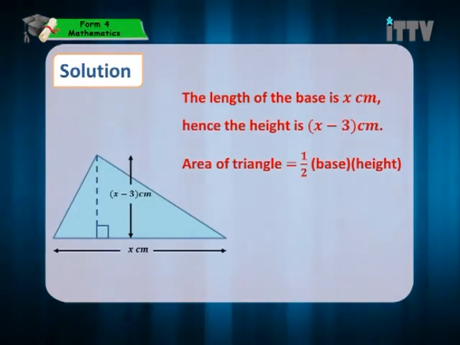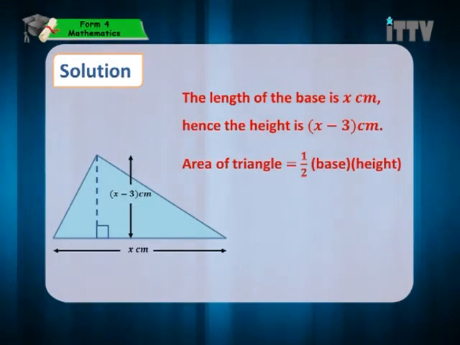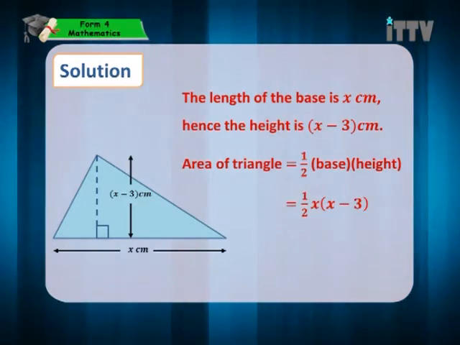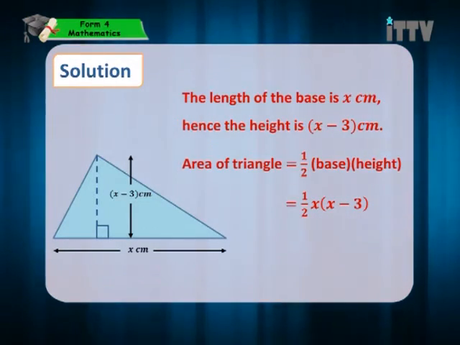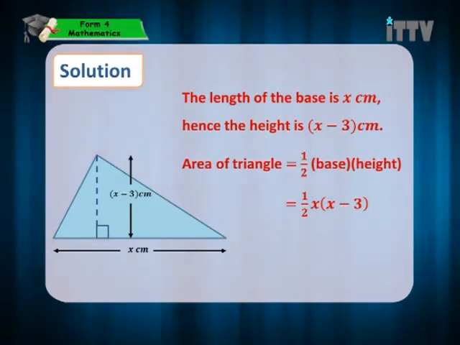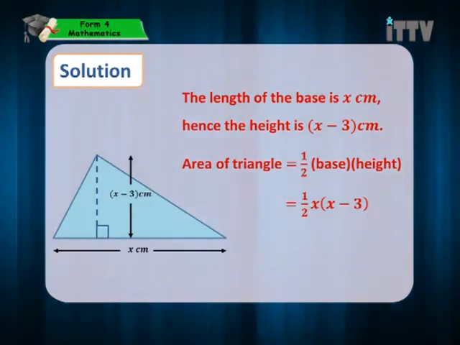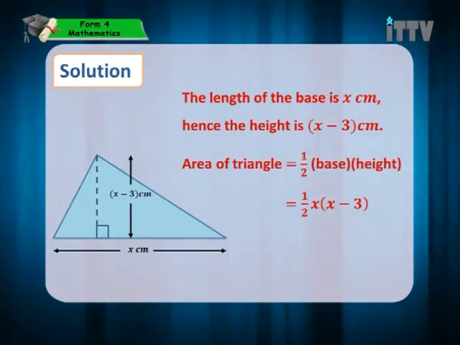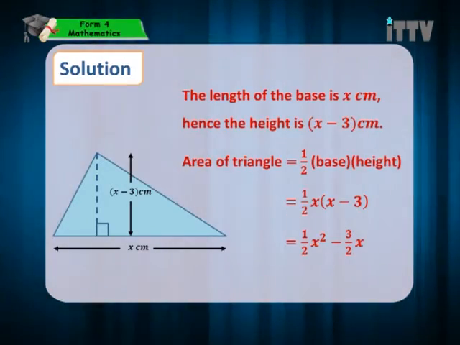And since the area of a triangle is half times base times height, take half, multiply it with base, which is x, and multiply it with height, which is x minus 3. Once you expand the two linear expressions, you form a quadratic expression, and it represents the area of the whole triangle.